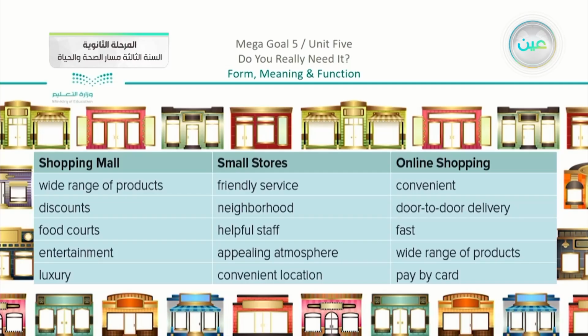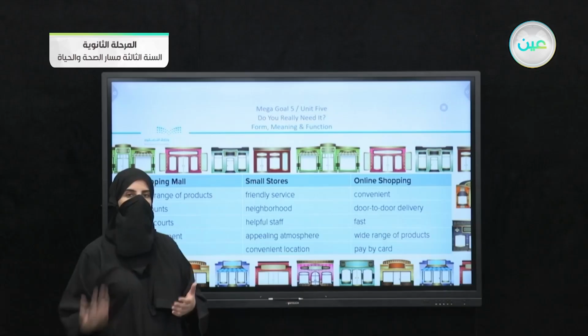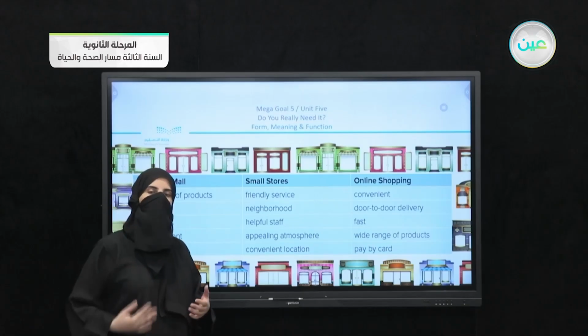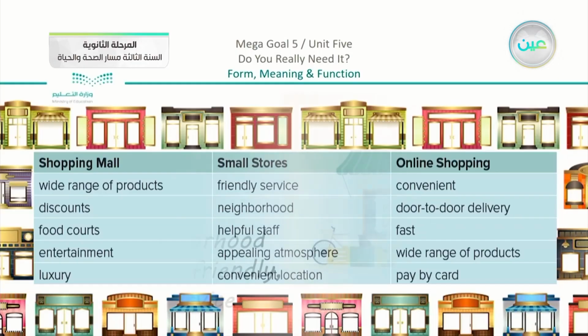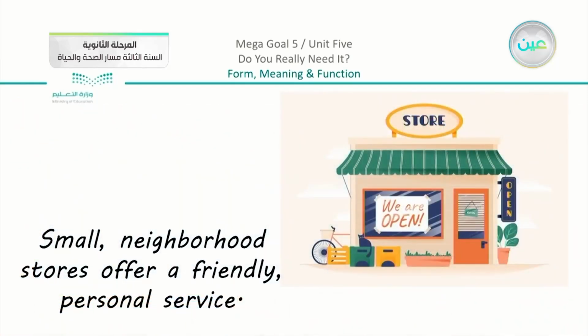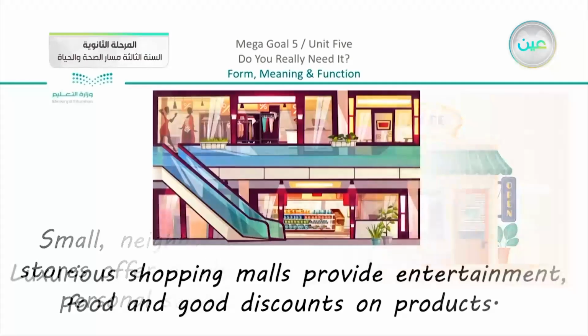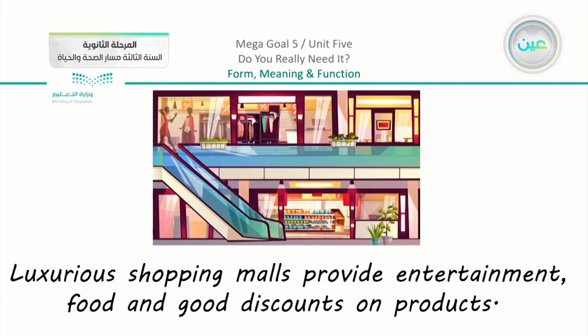And when they mention fast here, they do mean that it is fast to just open your device and quickly choose whatever product you want. So just to apply them in sentences, we're going to give examples here. Small neighborhood stores offer a friendly personal service. Luxurious shopping malls provide entertainment, food, and good discounts on products.